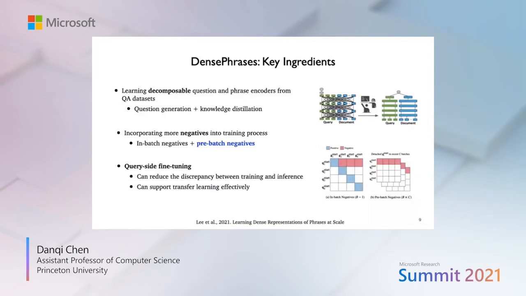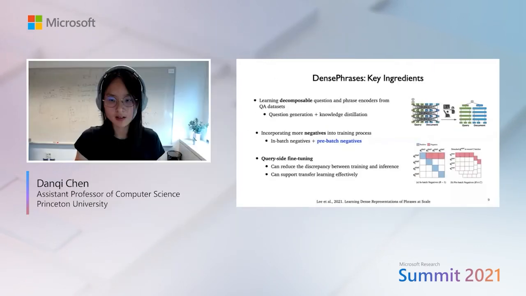Finally, we also propose a procedure called query-side fine-tuning, which allows only learning the question encoder without rebuilding the index. And we find this step very crucial because it can reduce the discrepancy between training and inference, and can also support transfer learning effectively.